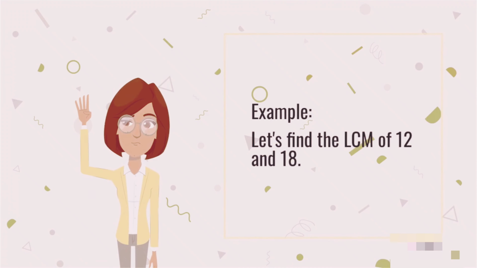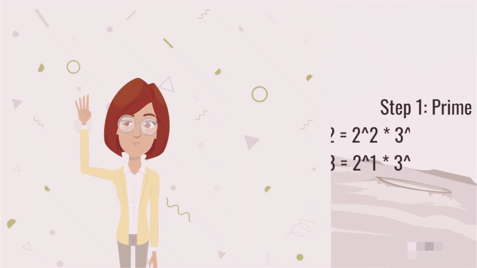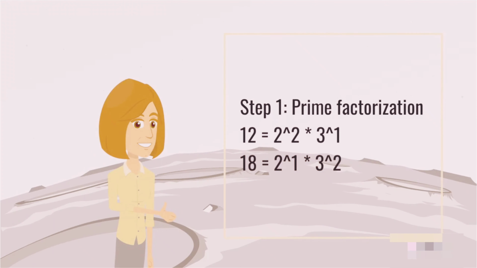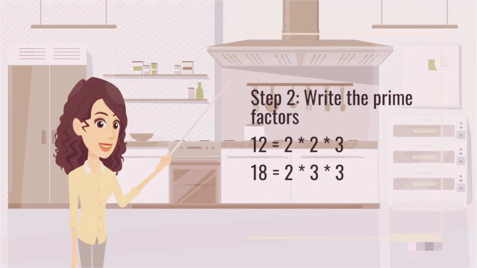Example. Let's find the LCM of 12 and 18. Step 1, Prime Factorization. 12 equals 2 squared times 3 to the power of 1. 18 equals 2 to the power of 1 times 3 squared. Step 2, write the prime factors. 12 equals 2 times 2 times 3. 18 equals 2 times 3 times 3.